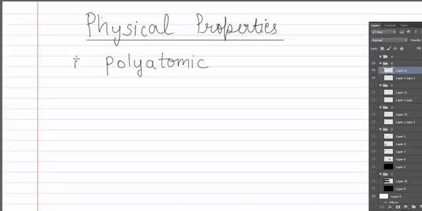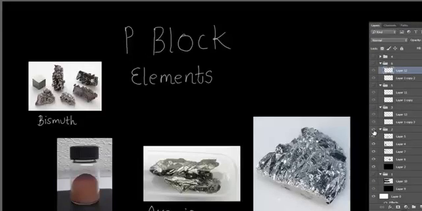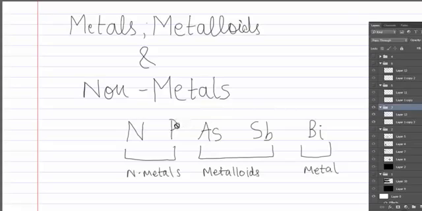So let me label this as the first property, and then the second property. It's just the same as what we saw in the third slide. Nitrogen and phosphorus are non-metals. The first pair is a non-metallic pair, and then the middle pair, arsenic and antimony, is a metalloid pair, and finally the last element which is left is a metal.